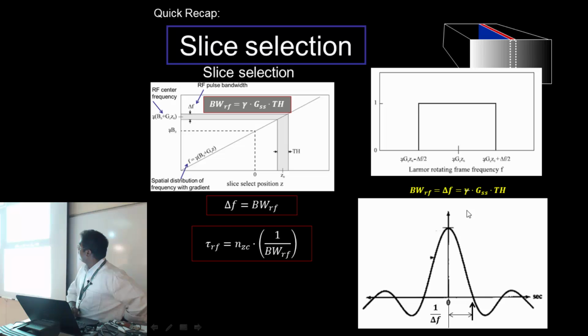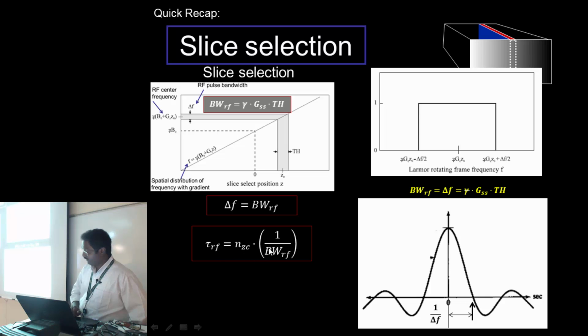You Fourier transform that, which is essentially the frequency content of your RF pulse that you want, and you get the time profile of that, which is a sinc, which is actually, although band limited, not time limited. In fact, it goes from -infinity to infinity. So you can't play an infinitely long pulse, so you have a finite pulse, limiting your number of zero crossings, meaning the time you're playing out the RF pulse for.